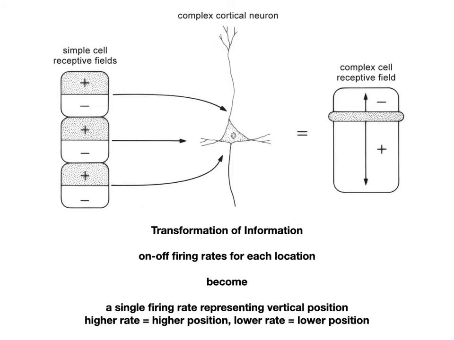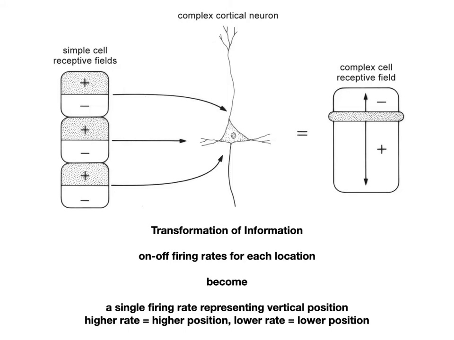I know that sounds like a paradox, but it's complexity in that it's not just straightforward mapping one thing onto the other. Each thing can influence each other. So that's the idea of a complex cortical neuron. We can take information in one form and transform it into a simpler but more informative form.